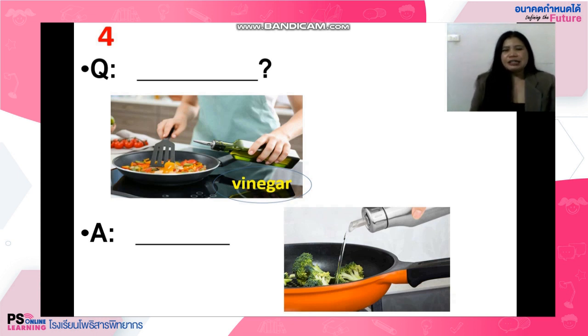Write the question and write the answer. Okay, finished? More time? Check your copy. Choose carefully. And then the action. What do you think? All right, so that is for number 4.